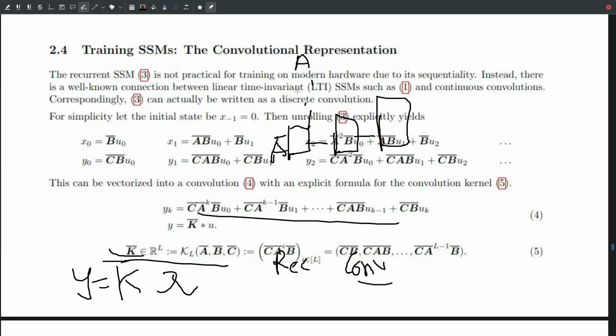So on this convolution side, there were some problems when S4 was announced. In the Hyena convolutions paper, they overcame this problem.